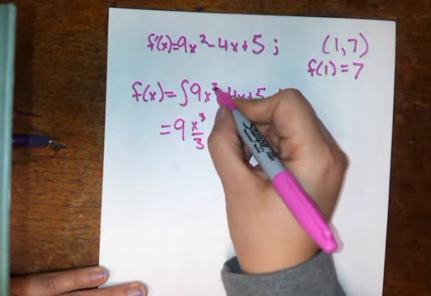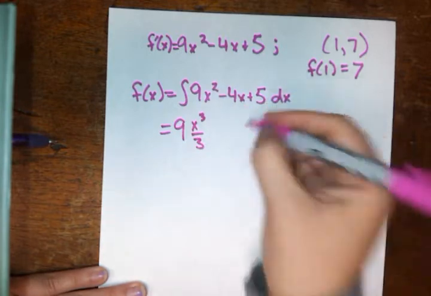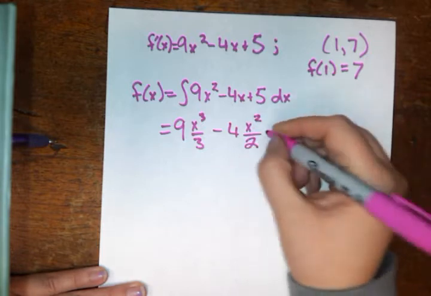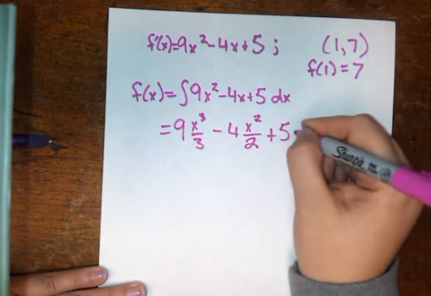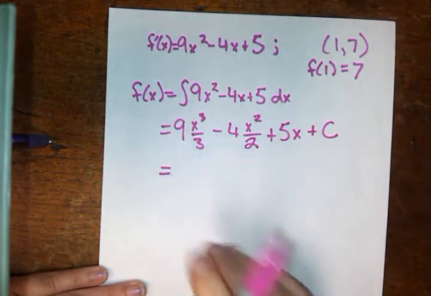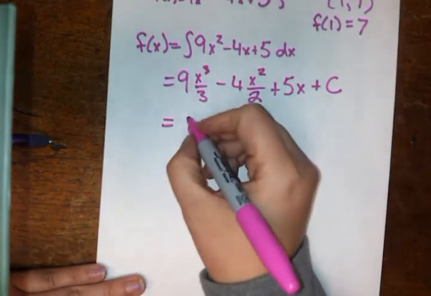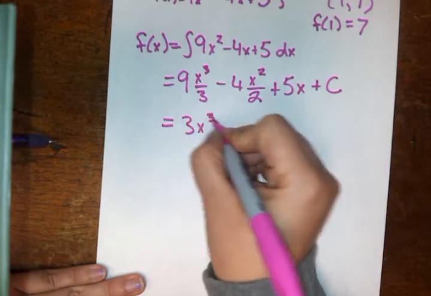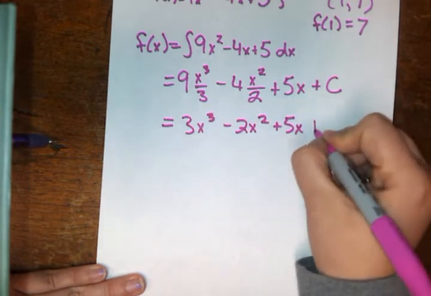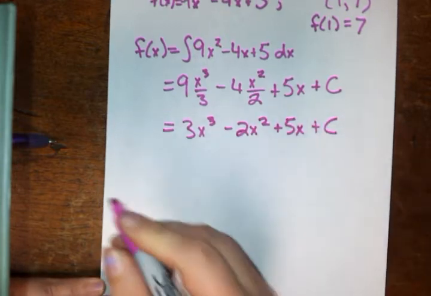I just raised the exponent by 1 and copied it exactly into the denominator. Minus 4 times x squared over 2. Same idea. Plus 5x plus c. Okay, we can simplify that a bit. That's going to give us 3x cubed minus 2x squared plus 5x plus c. All right? So that's our f of x.